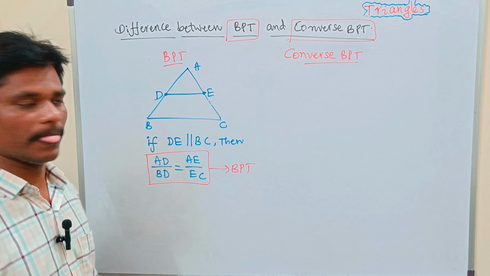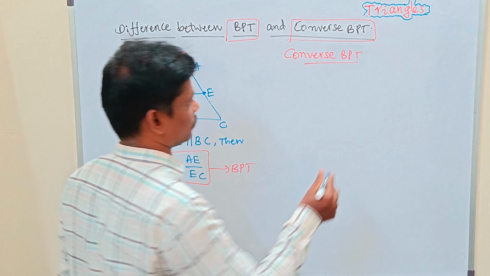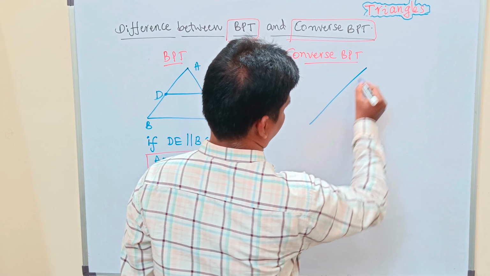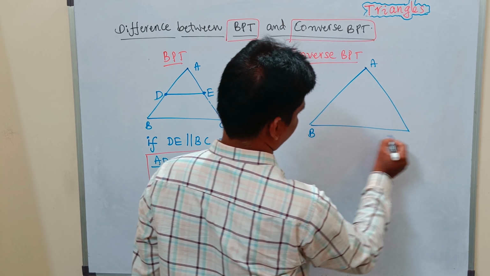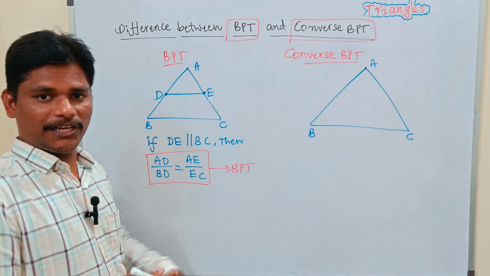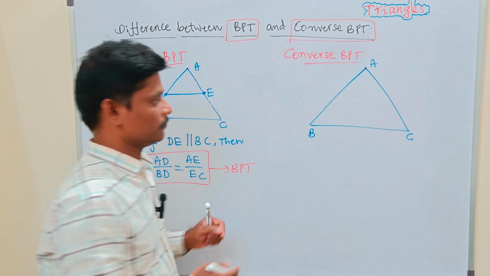So what is the converse basic proportionality theorem? How to define this statement? Suppose take a triangle ABC. If these ratios are equal, that is, if AD by DB is equal to AE by EC, then the line drawn, DE, is parallel to BC. If the ratios are equal, then DE is parallel to BC.